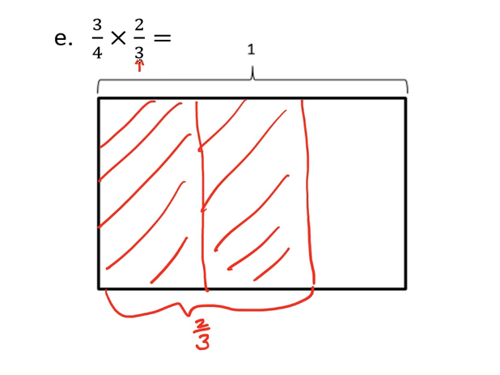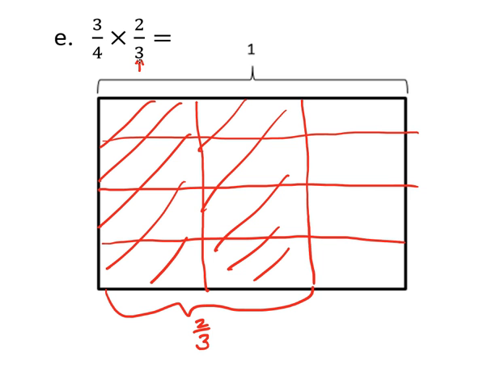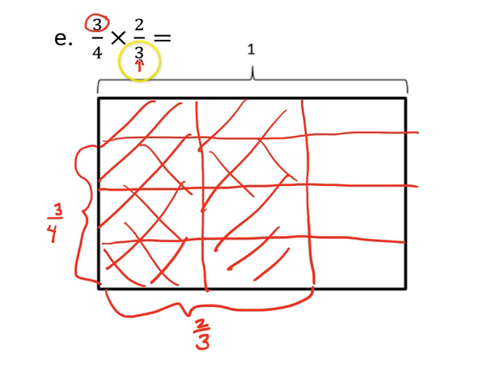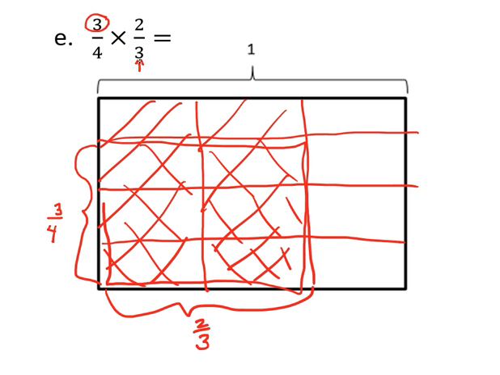And I have to take 3/4 of that, and I'll do that by drawing my fourths horizontally across my thirds. And since we're looking at 3/4, I need to focus on 3 of those rows. I'll shade those pieces. And this section here represents my answer.